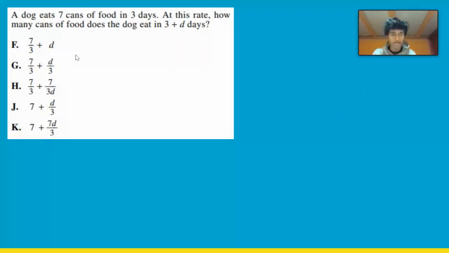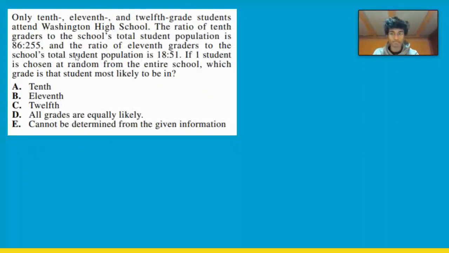Let's take a look at another example. Alright, so we're given that the ratio of 10th graders to the school's total population is 86 to 255.